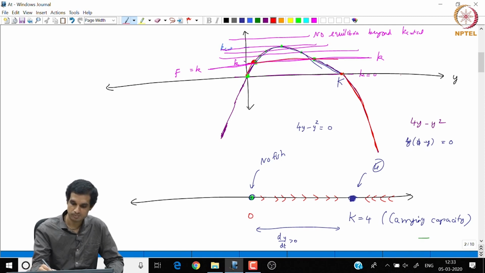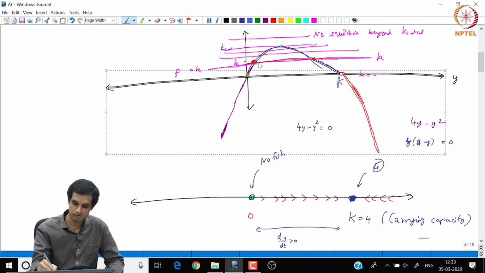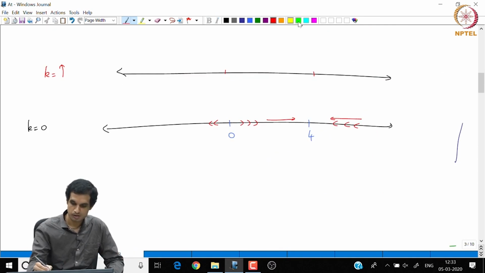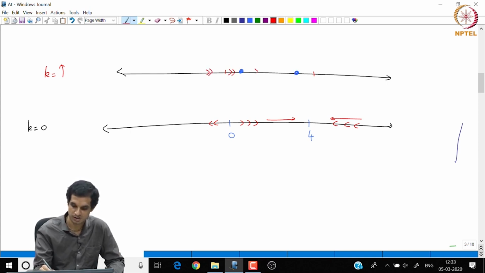So, the left steady state moves a bit to the right and the right steady state moves a bit to the left. These two equilibria come closer, but the stability is maintained if you go by the logic. dy by dt is positive in the region in between and it is negative outside.